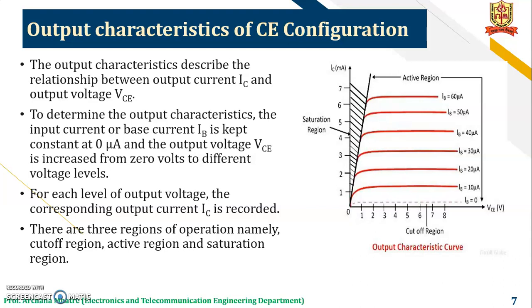Therefore, there are three regions of operation, namely cutoff region, active region and saturation region. Here you can see that this is the cutoff region, this is the active region and this is the saturation region.